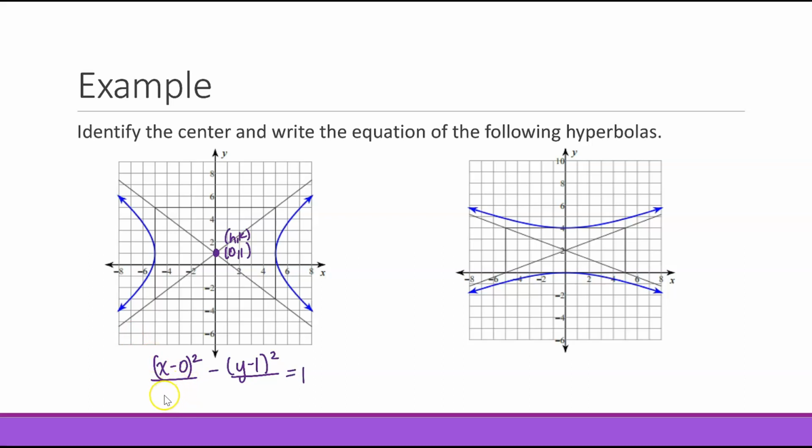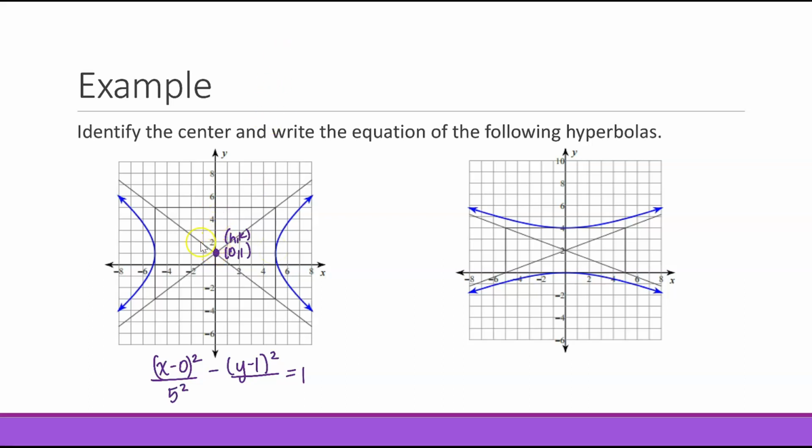So now, what is the denominator here? Well, if I think about the x-axis, we're going right and left. If I count my tick marks here, I'm going 1, 2, 3, 4, 5 units to the right and 5 units to the left from the center to get to those vertices. So that's the number below x, 5, which gets squared. And then how much do I go up and down?